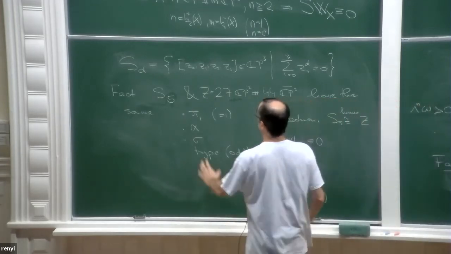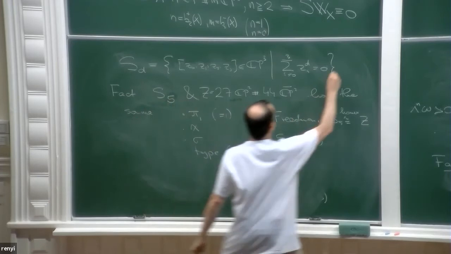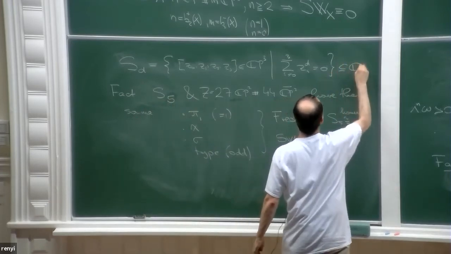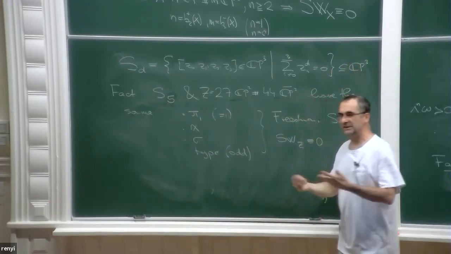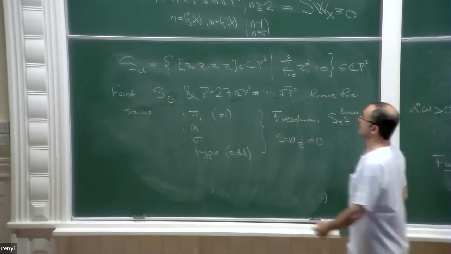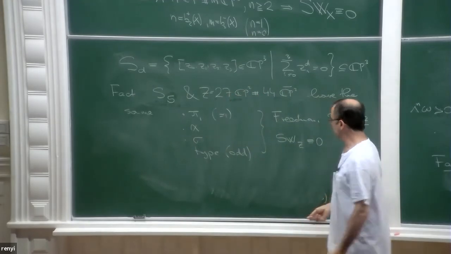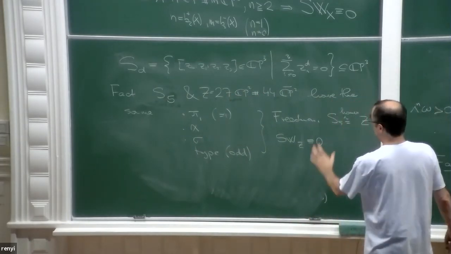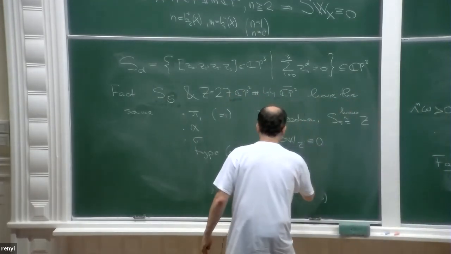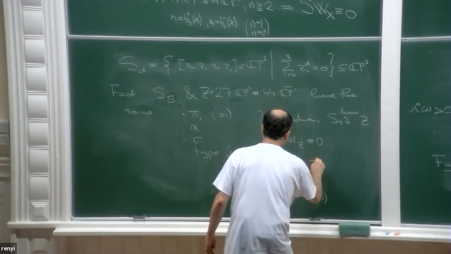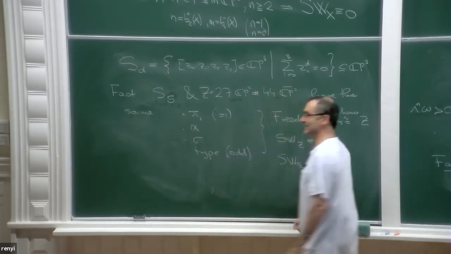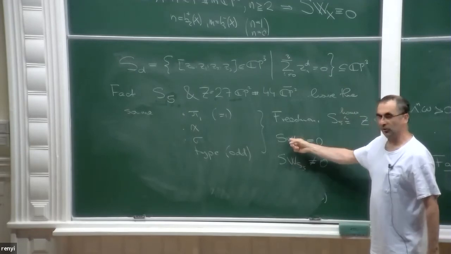On the other hand, S5, by its very definition, is in CP3, which, as every CPN, is a Kähler manifold. So S5 is Kähler, and in particular, it's a symplectic manifold. And by Taubes' theorem, the SW of S5 is not identically 0, although this is a diffeomorphism invariant.